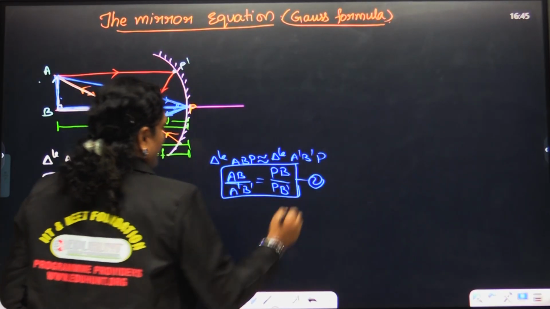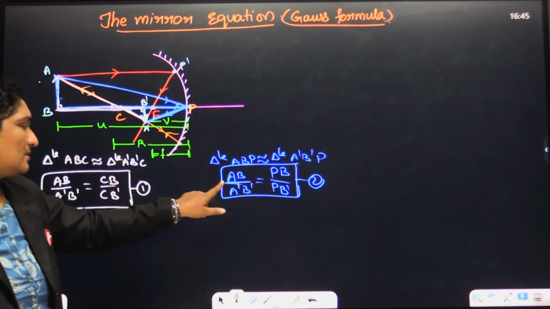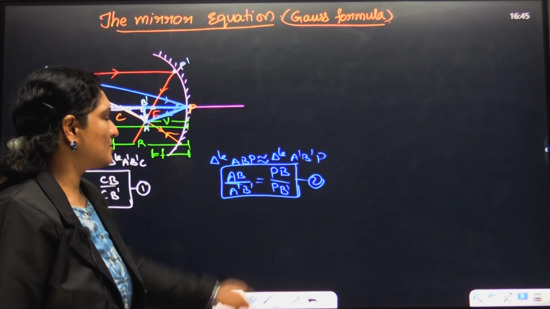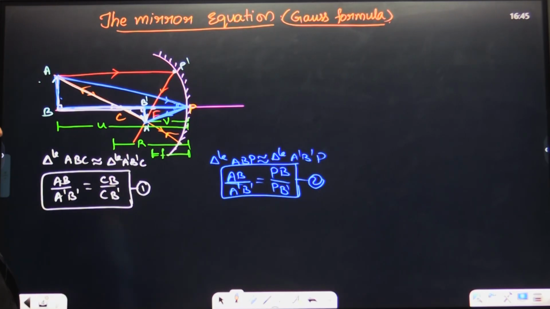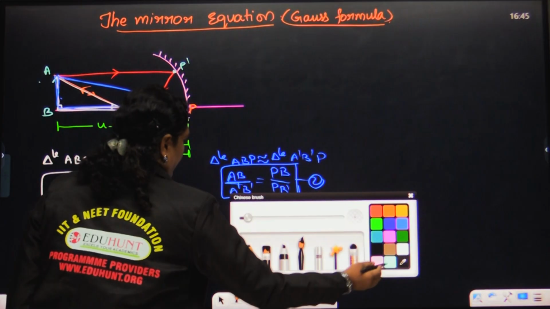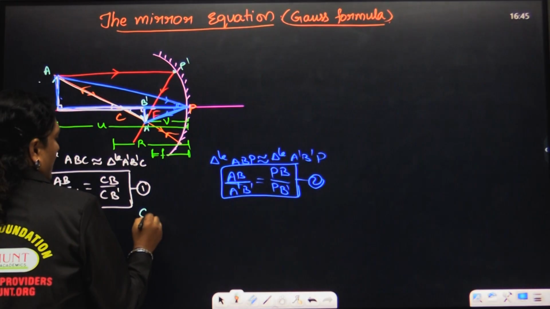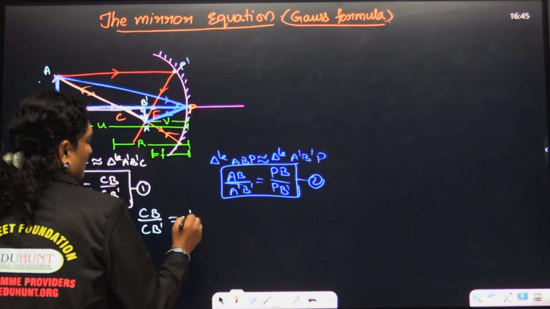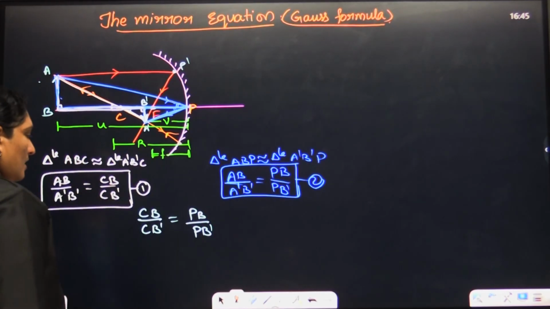Let this be equation 2. So, in equation 1, we have AB by A dash B dash equals CB by CB dash, and in equation 2, AB by A dash B dash equals PB by PB dash. Comparing equation 1 and 2, as LHS is equal, RHS can be equated. That is CB by CB dash is equal to PB by PB dash. So this is the conclusion.